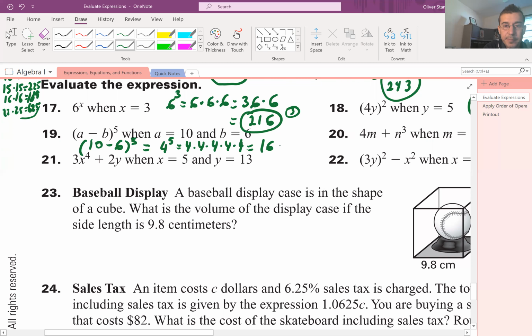And then times 4 times 4 is 16, and then times 4. Or that's the same thing as, let's do 16 times 4 times 16 is 64. So what is 16 times 64? Let's do it on the side here.